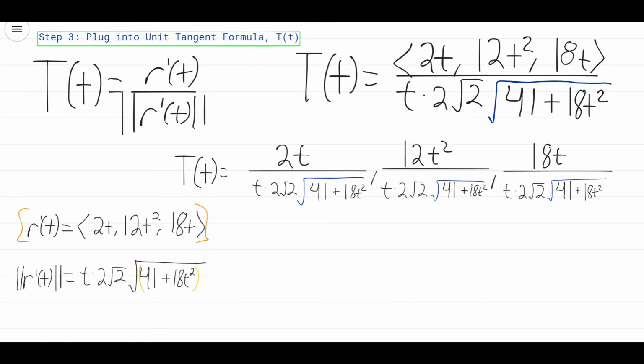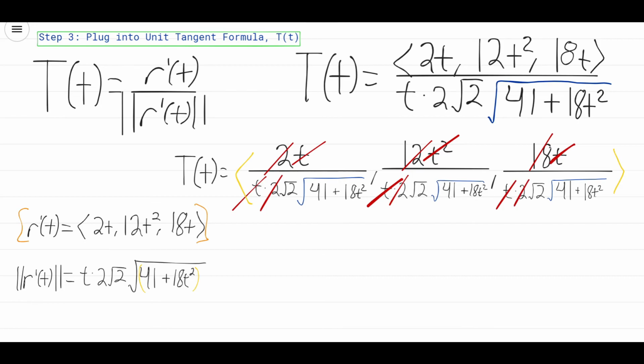Now we're going to do a lot of simplifying. A lot of like terms cancel out, and that's why I always highly recommend distributing the denominator to each term, so you can see the canceling out for yourself. The 2 and the t cancel out with the 2 and the t in the denominator. t squared over t simplifies to t. 12 divided by 2 simplifies to 6. And 18 divided by 2, t divided by t.